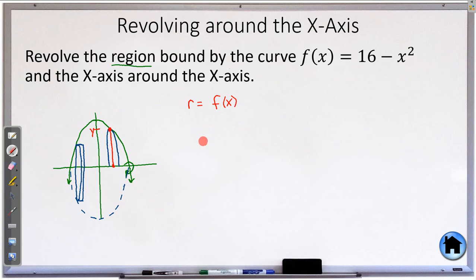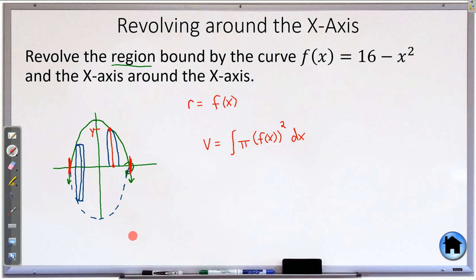So when we do our volume formula, it will be pi times the radius squared dx. And our radius is f of x. Now we also have to figure out what our limits are, from where to where. Well, our region starts there and ends there.